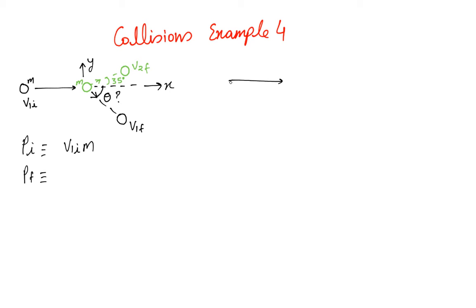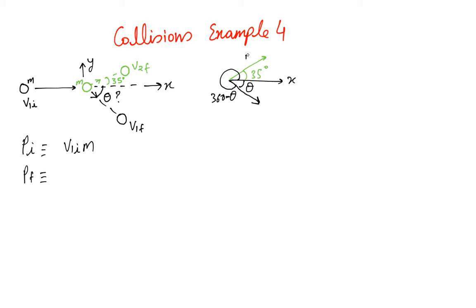We have two vectors, one in this direction and one in this direction. This makes an angle of 35 degrees, this makes an angle theta. Well, as a matter of fact, from the x-axis this angle is actually 360 minus theta, right?